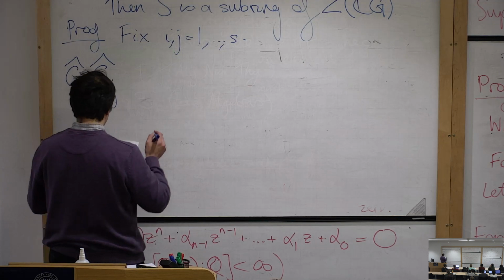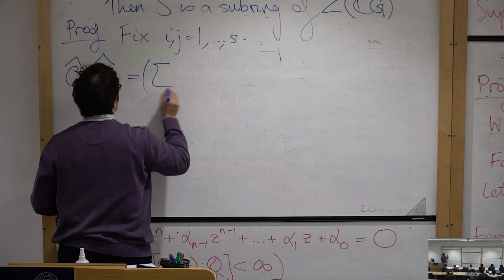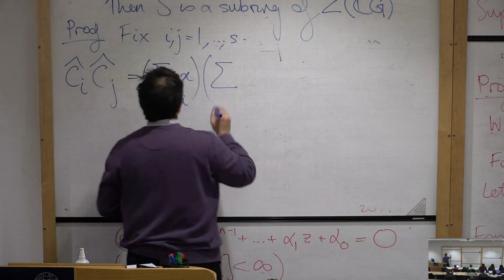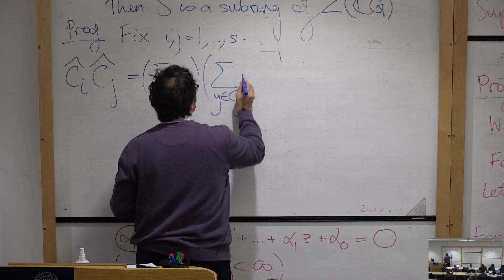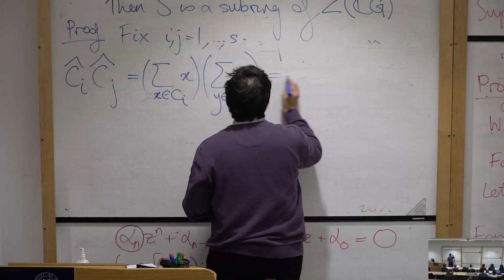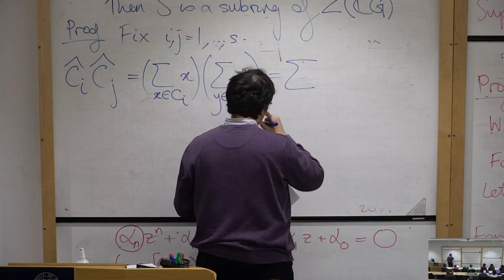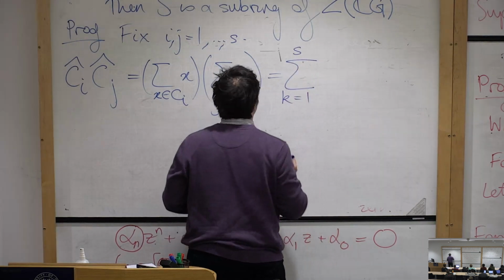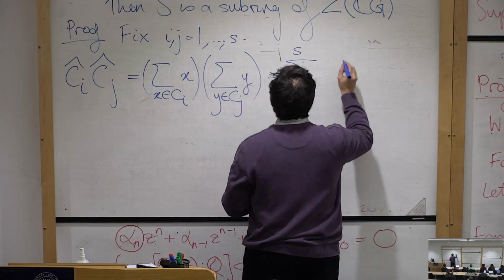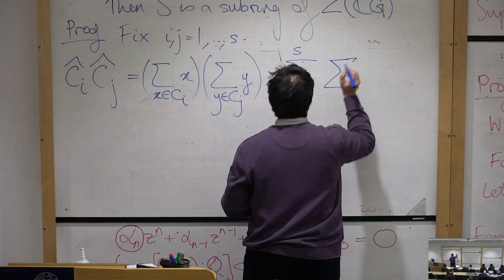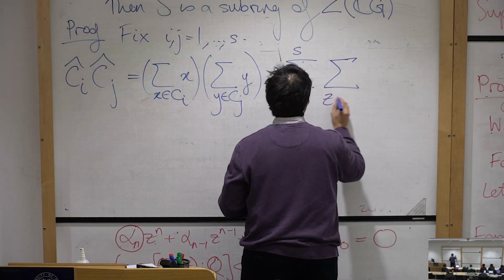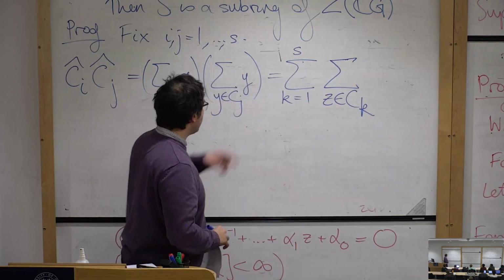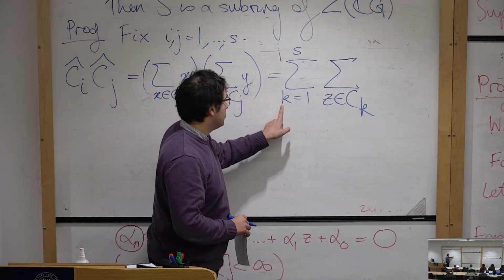But whatever it is, it's a group ring element. And so I'm going to break up the group into a union of conjugacy classes, C_1 up to C_s, with dummy variable k, right?